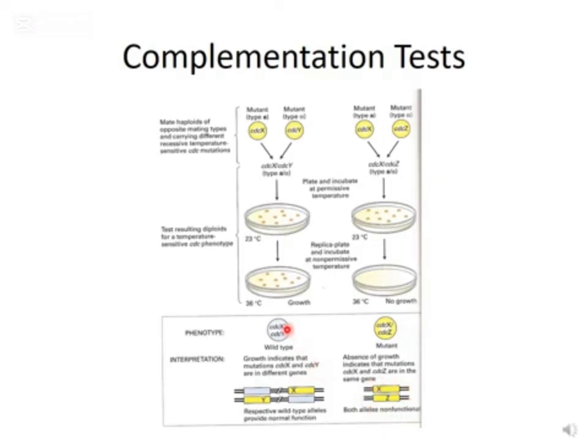So the CDCX and CDCY are on different genes, and because it's a recessive mutation, phenotypically the wild type shows up, and the cells grow normally at the non-permissive temperature.